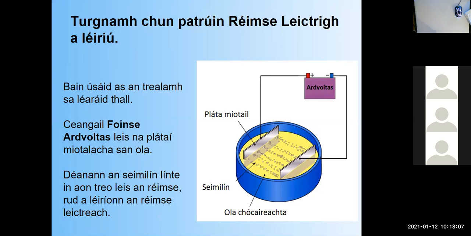When the voltage is applied across the plates, the semolina lines up along the electric field. It is a short mini experiment, but simply, the semolina grains line up against the plate and against the field, showing the electric field lines.